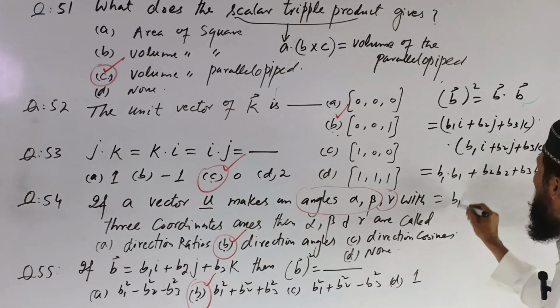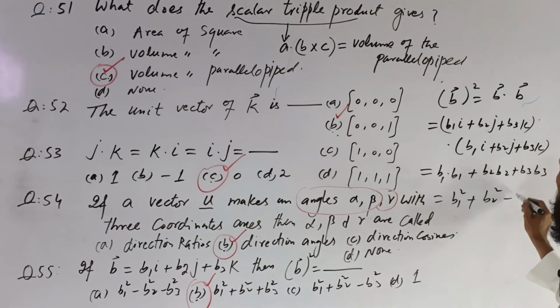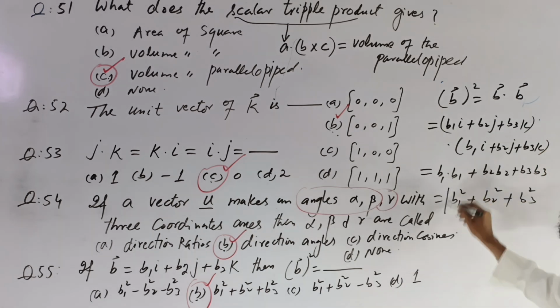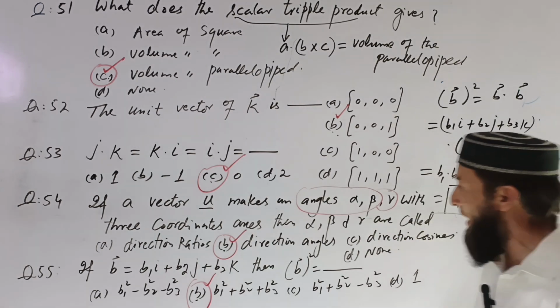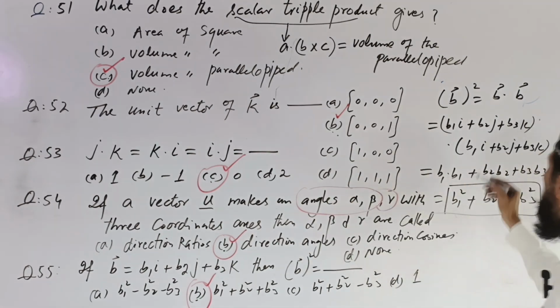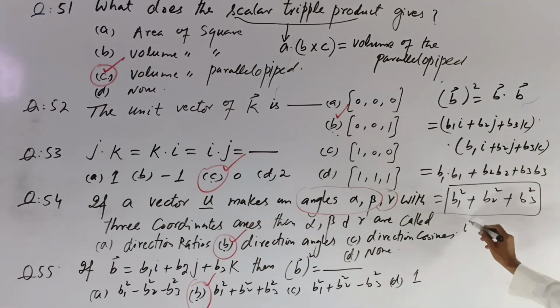So we can write b1 square plus b2 square plus b3 square. This is the result when applying the dot product, because i dot i, j dot j and k dot k are equal to 1.